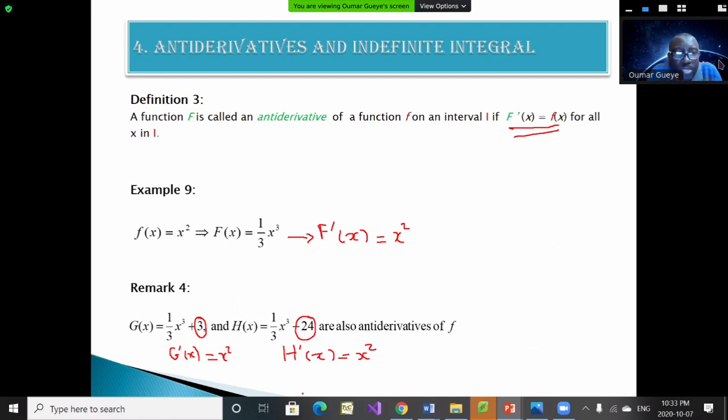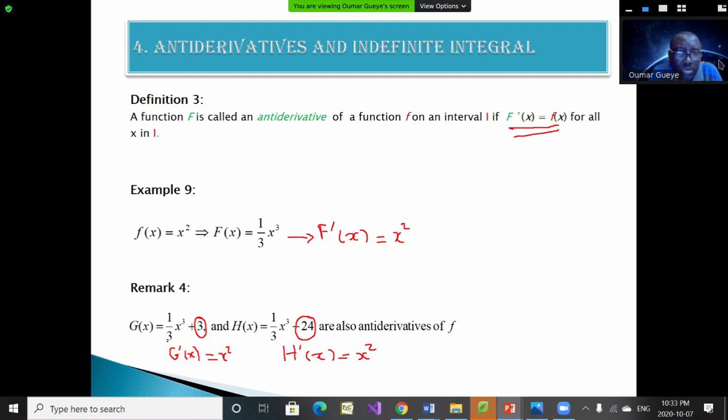What we can draw from here is the antiderivative function is not a unique function, because for this example, we found 3 antiderivative functions, and they have a common term, which is equal to 1 by 3 x cubed, and the difference is just the constant. You guys can see here for the first case, the constant is 0.